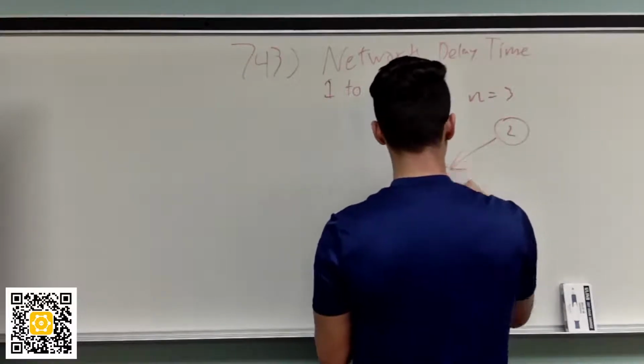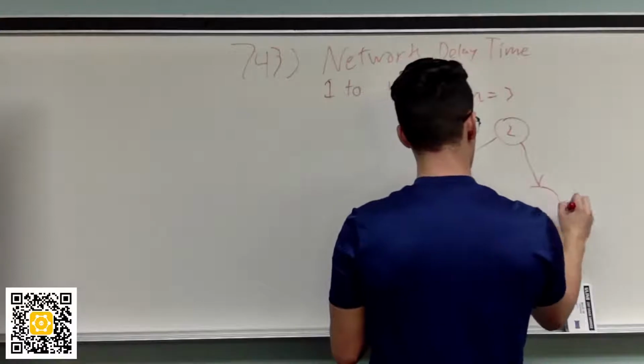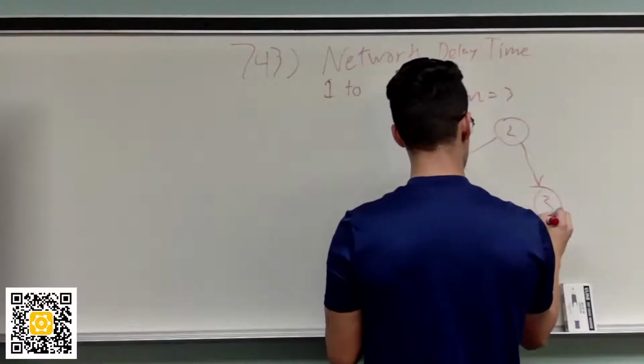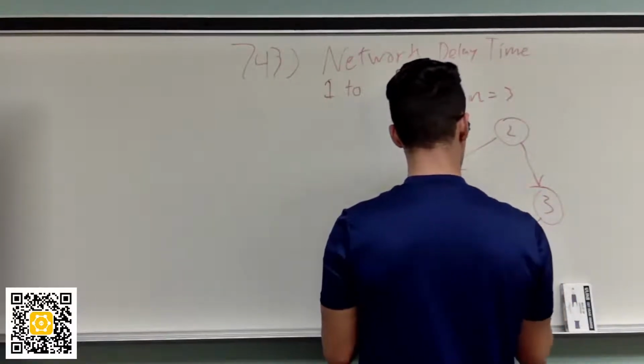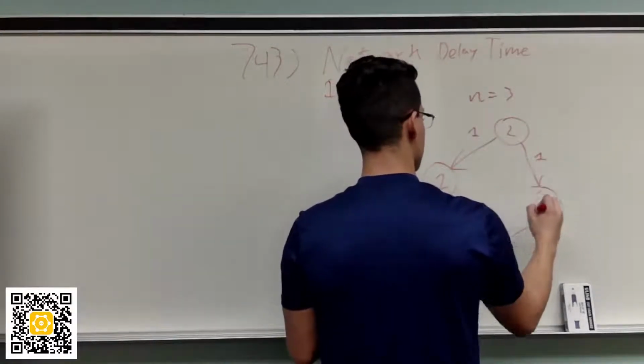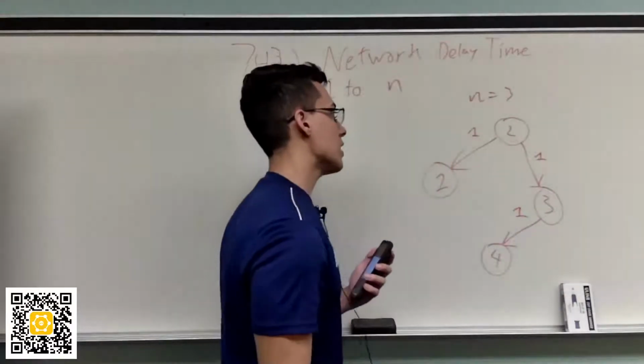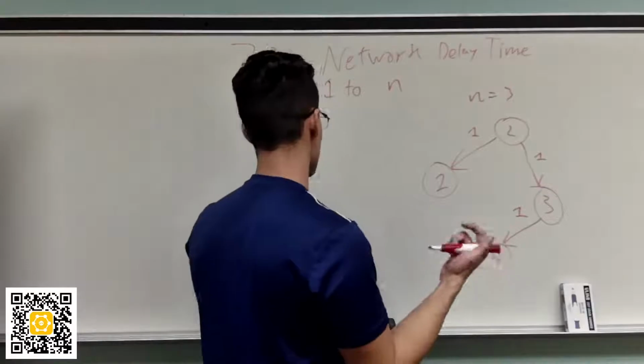I'm doing exactly how they have it. 1, I think this is 3, I think this is 4, and I think they're all 1. Okay. So let's say node 2. And of course you have start.